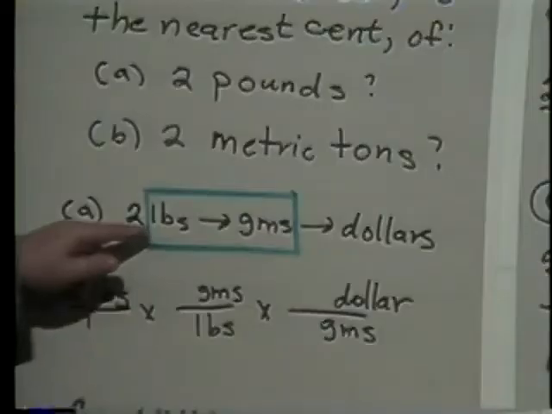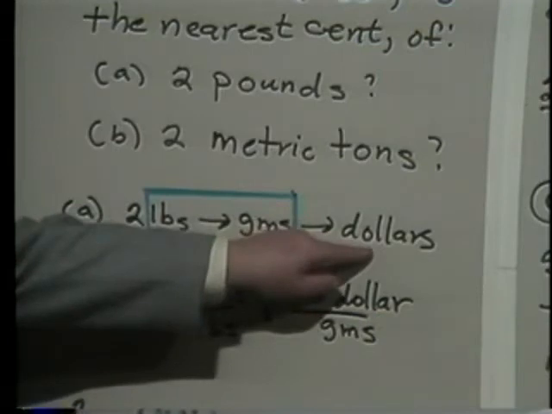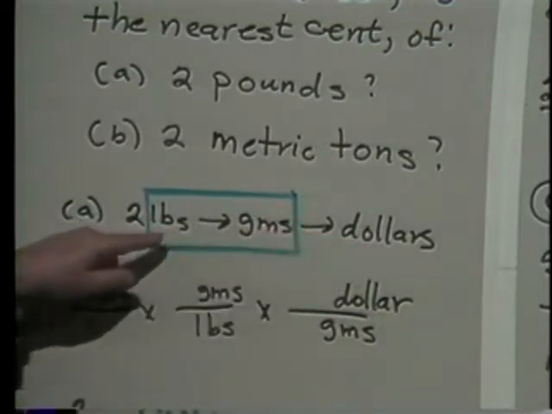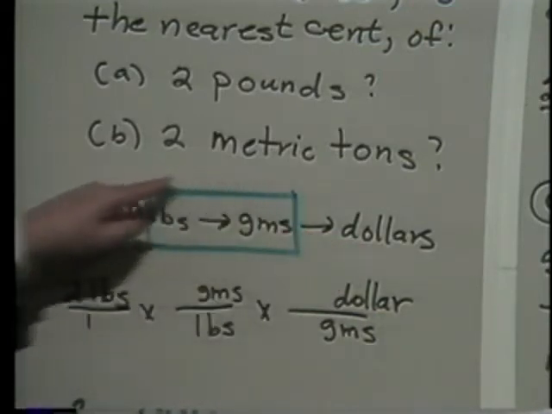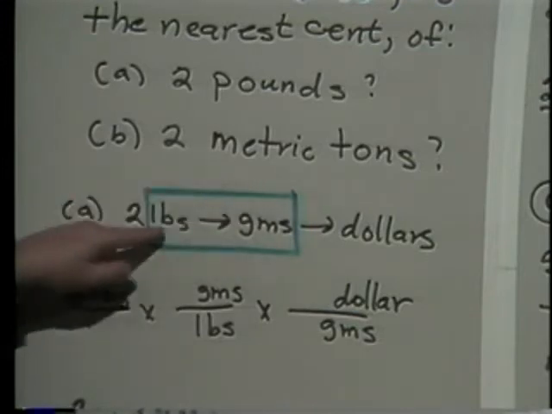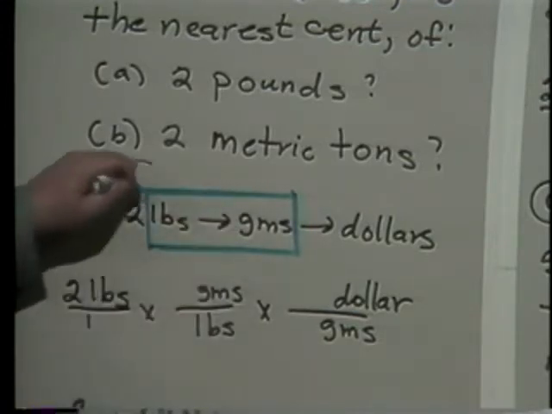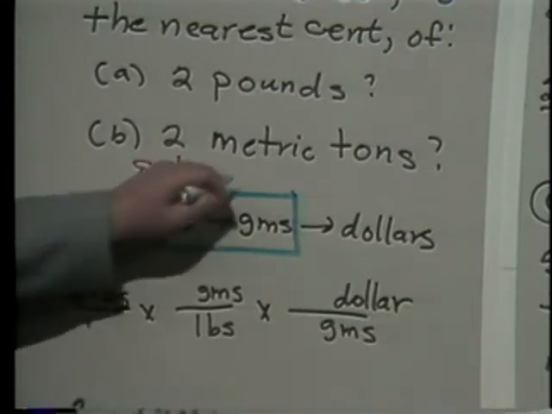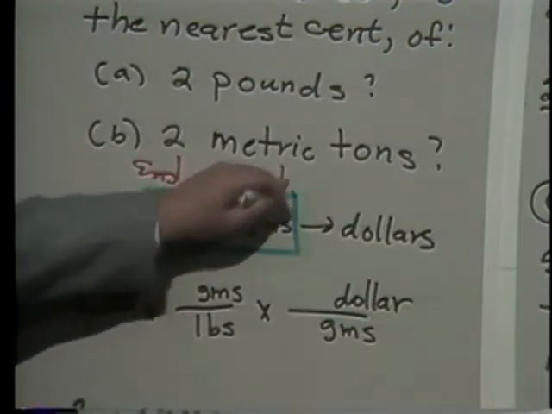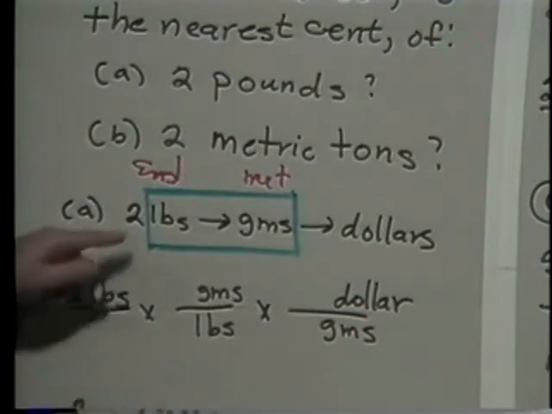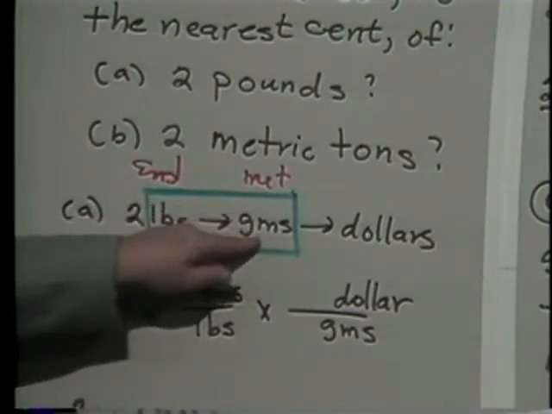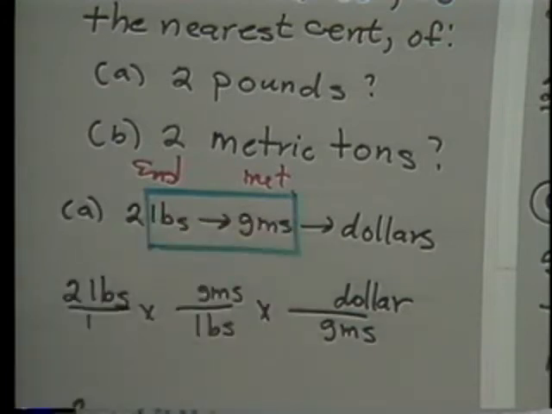So somehow, in order to get from pounds to dollars, I first have to get from what? Pounds to grams. And I've again circled that in blue to indicate that that's one of our conversion factors. You see, pounds are English and grams are metric. So what I do is I'm going to go from pounds to grams, and then knowing how many dollars per gram, from grams I can go to dollars.